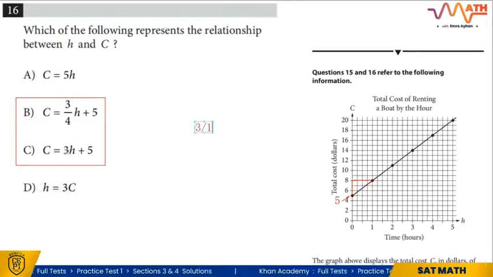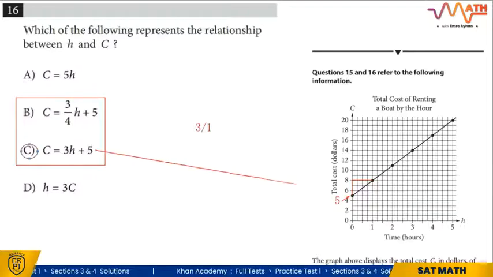So the answer is 3, and you see, the slope is 3, and the y-intercept is 5. And we can show this one here, right? It's 5 and its slope is here. Good. The answer is C.